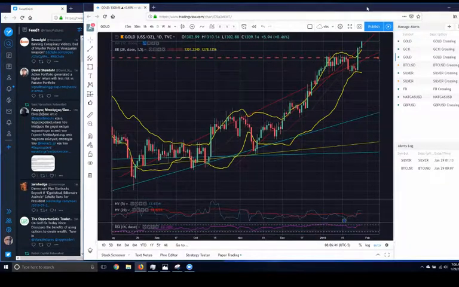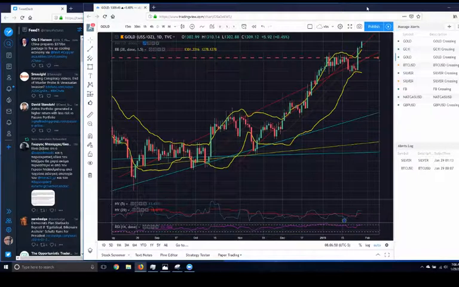I'm Vince Lanci, and this is the Gold Fix. Today, as usual, we're going to talk about tradable levels in gold for active traders, which has been interesting to trade over the last several days.